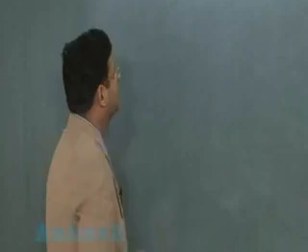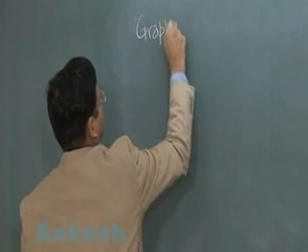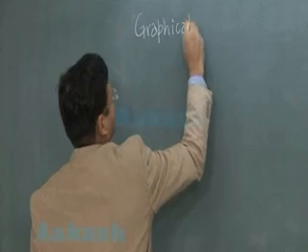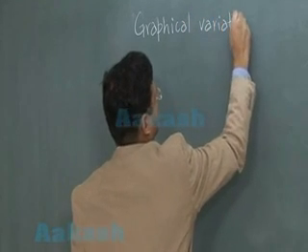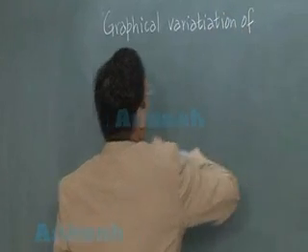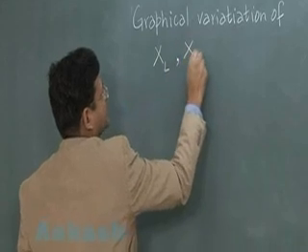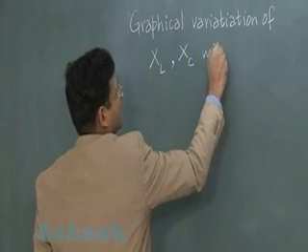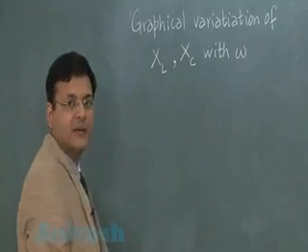Let us do the graphical variation of reactance of inductor or reactance of capacitor with omega. What is omega? Omega is the frequency of applied EMF you have.